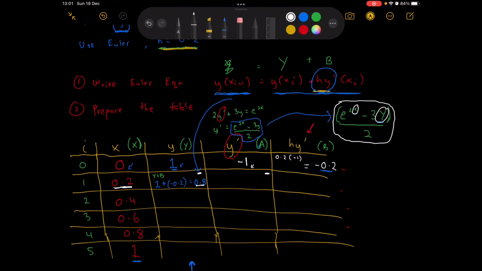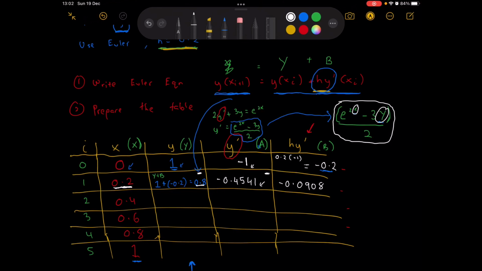If I input all the information in my calculator, I will get negative 0.4541. So hy prime is 0.2 multiplied by this value. I will get negative 0.0908.